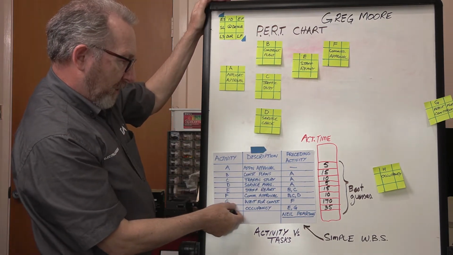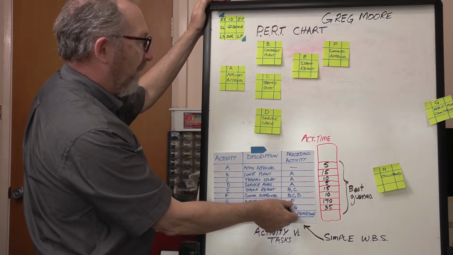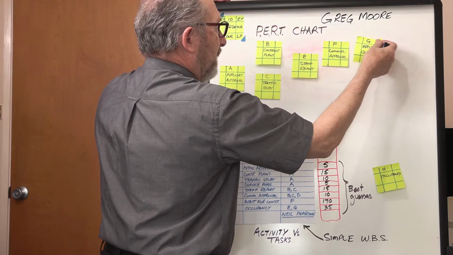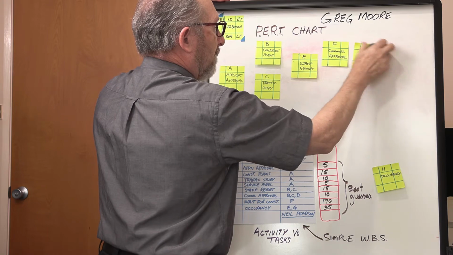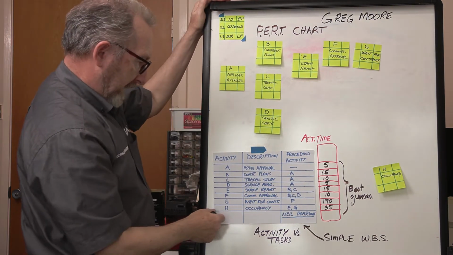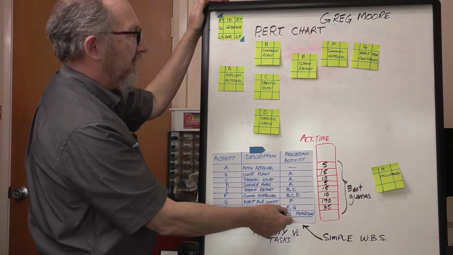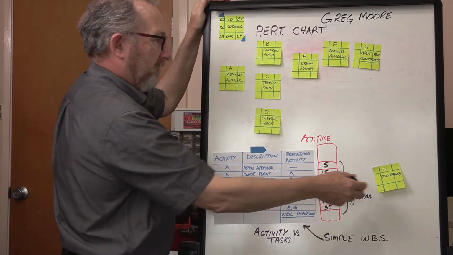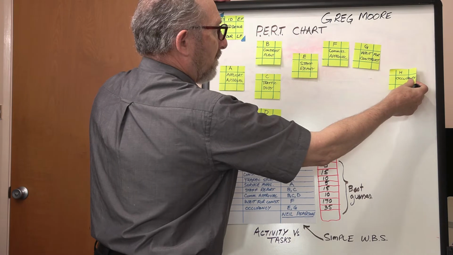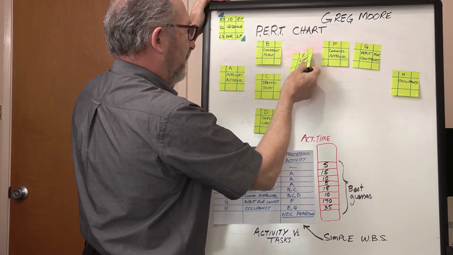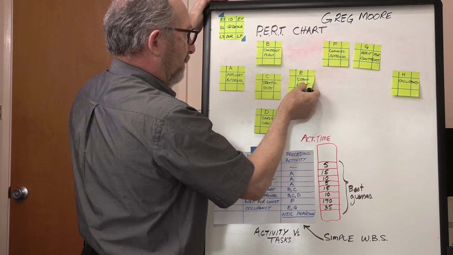Activity G, wait for construction, follows F. Let's put that there. And lastly, H, occupancy, follows both E and G. So maybe we can put that down here a little bit.